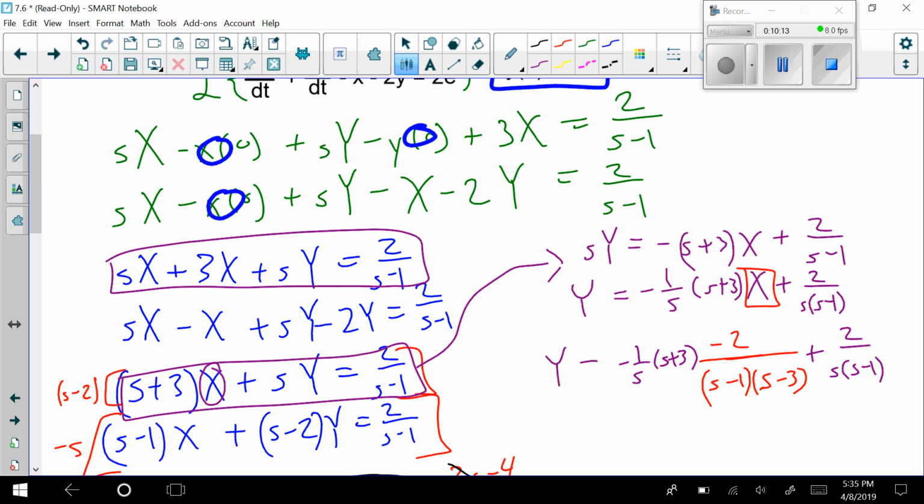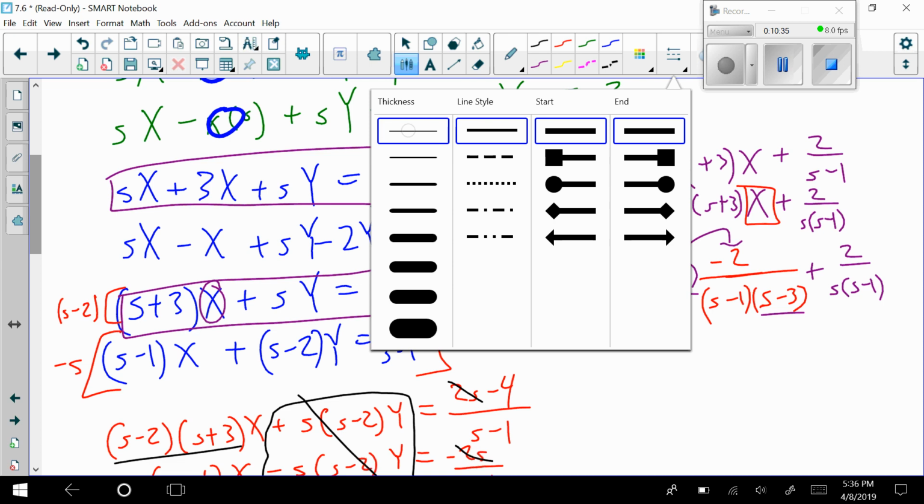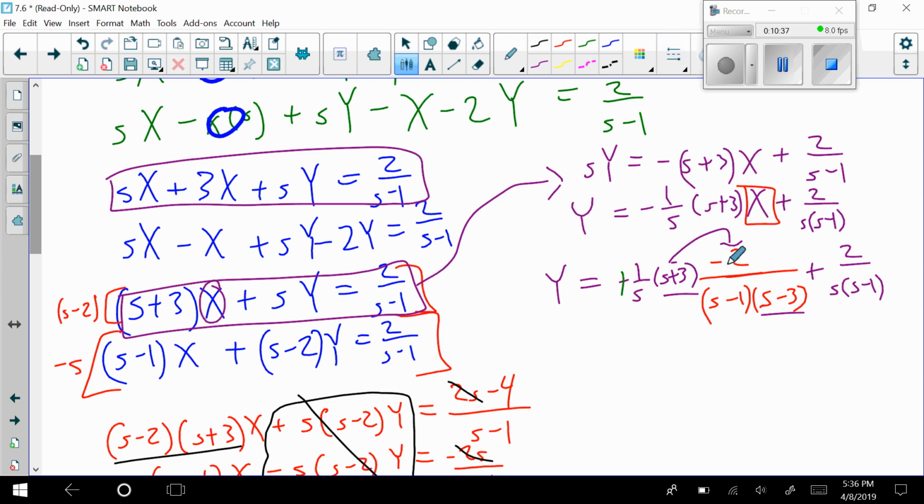And this is equal to my big Y. Now, of course, life would be super nice if this s plus 3 and this s minus 3 canceled, but of course they don't, right? So instead, this thing's going to get blotted up here, and this s I'm just going to kick in the bottom. Now I do see right away that this negative makes this a positive. So then on the top, I'll have 2s plus 6 all over s times s minus 1 times s minus 3.